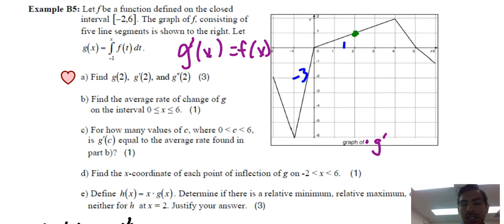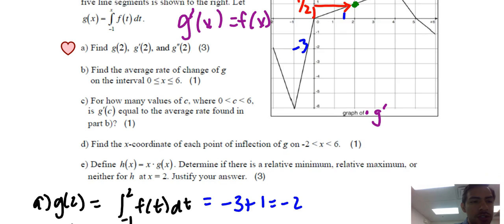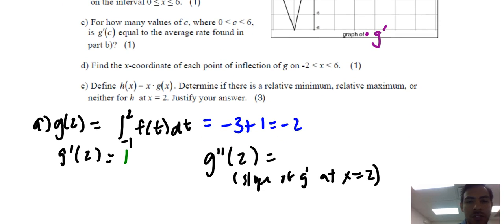And it looks like the slope at 2 is going to be going up 1 and over 2. Up 1 over 2. That's a slope of 1/2. So g double prime of 2 is 1/2. Okay, that's A. Let's go to B.